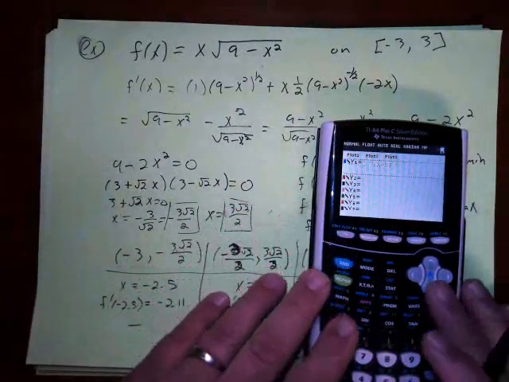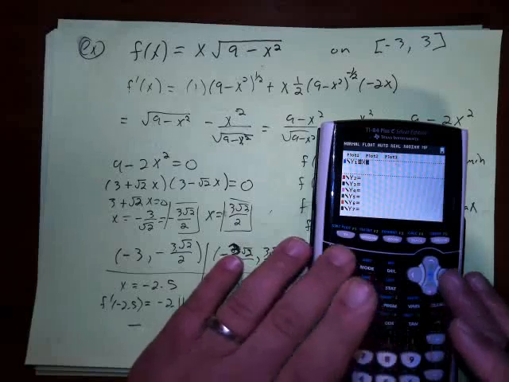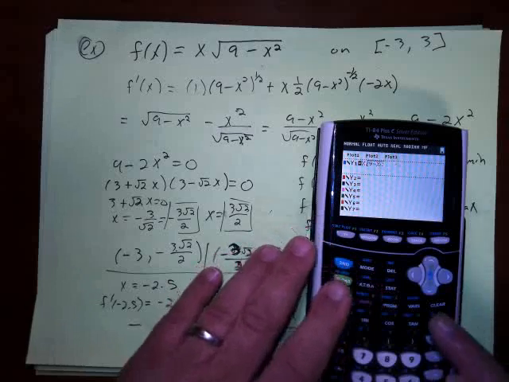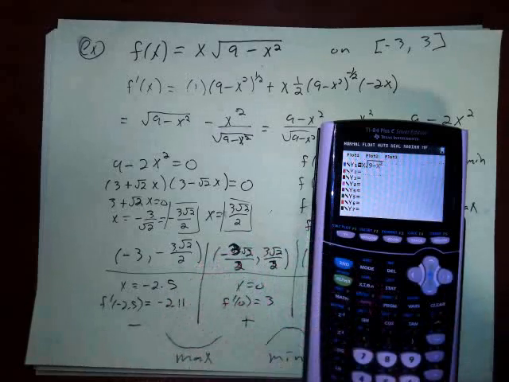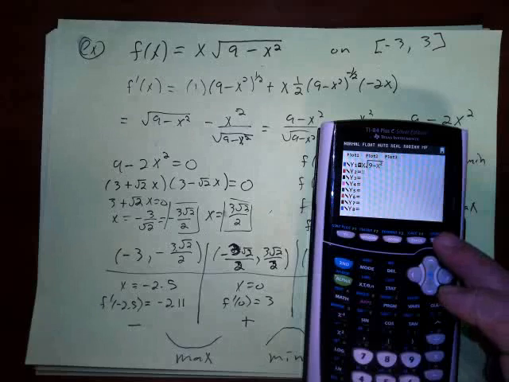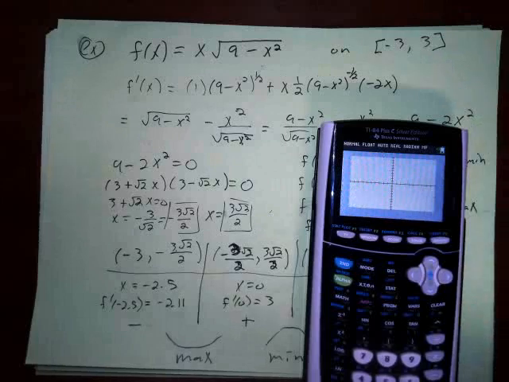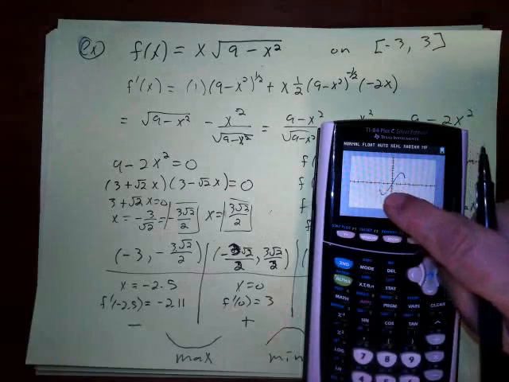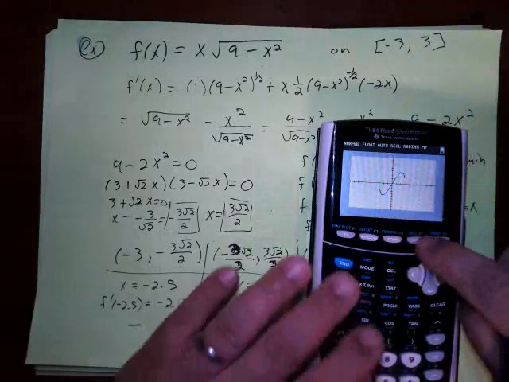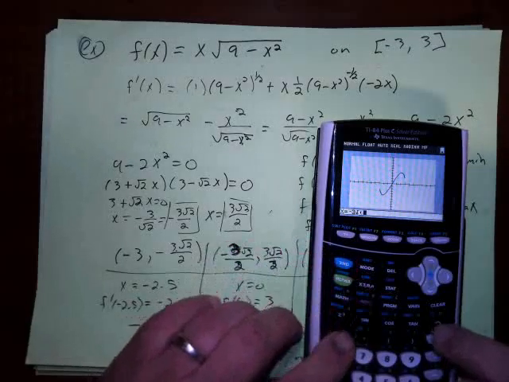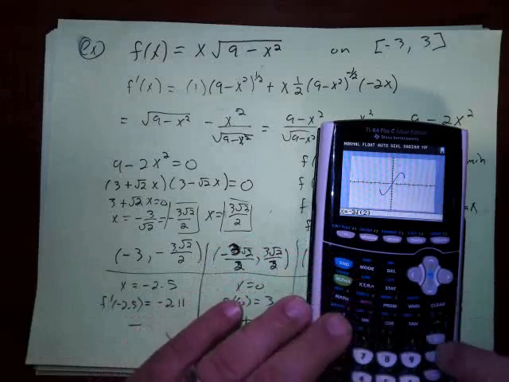So now let's graph it and see what we get. x times the square root of 9 minus x squared. I'll do this on a standard window. And sure enough, we got a relative min and relative max. So let's put in our critical value, negative 3 square root of 2 divided by 2.